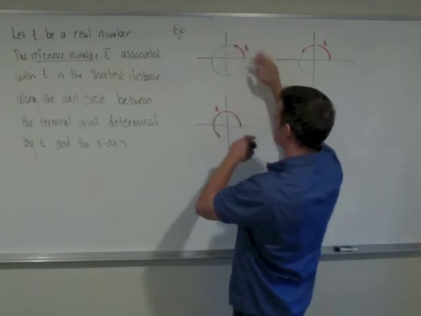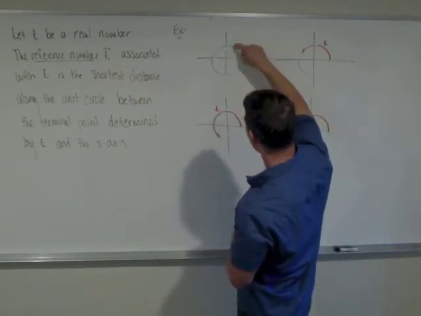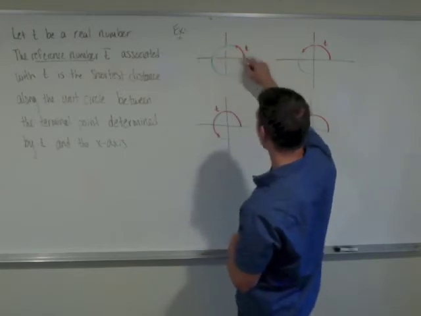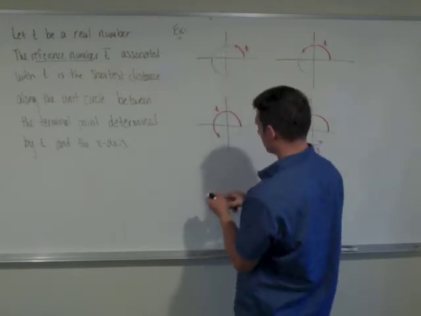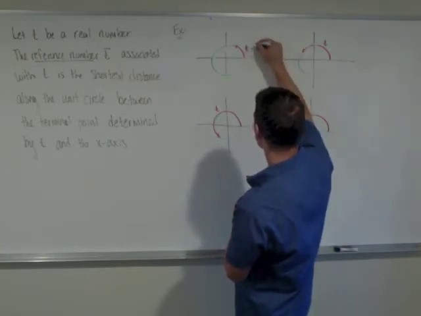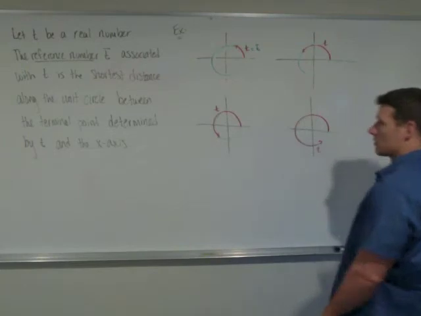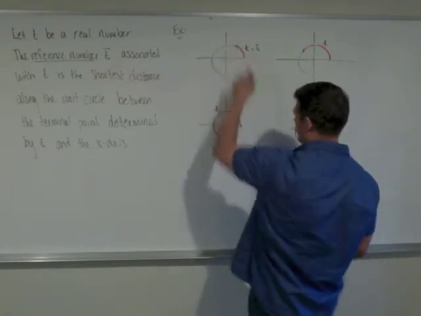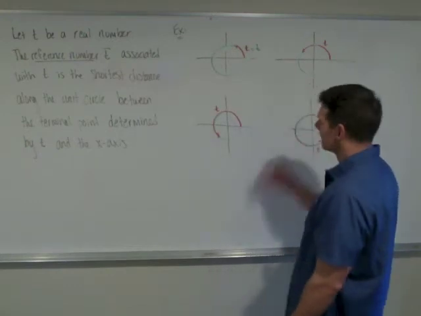So we're talking about the shortest distance from here, that terminal point, to here, the x-axis, along the unit circle. Well, it turns out that t and t bar are the same number. That is the shortest distance from here to here along this unit circle. That was a trivial example.